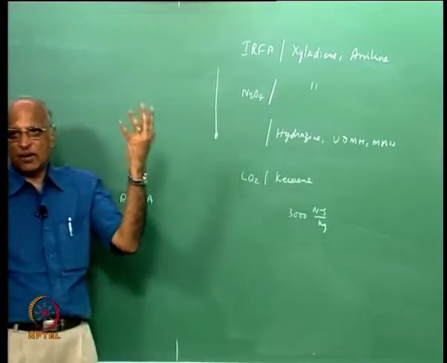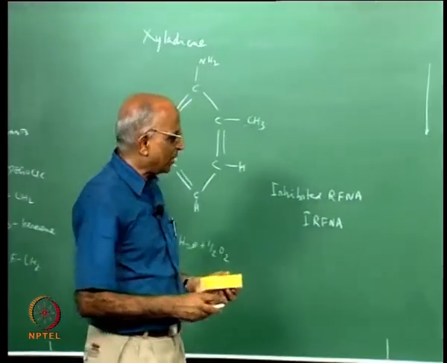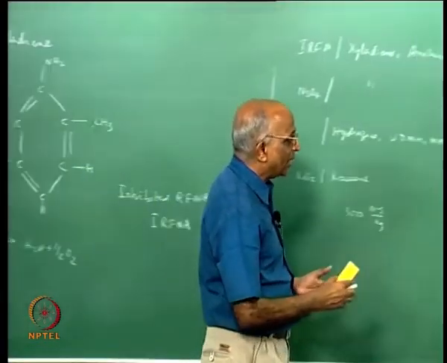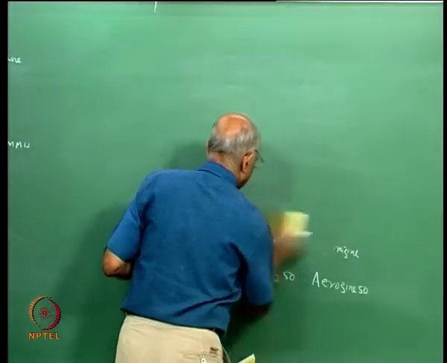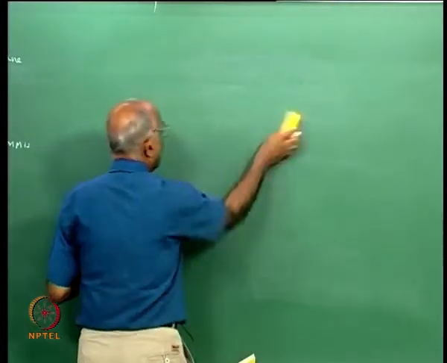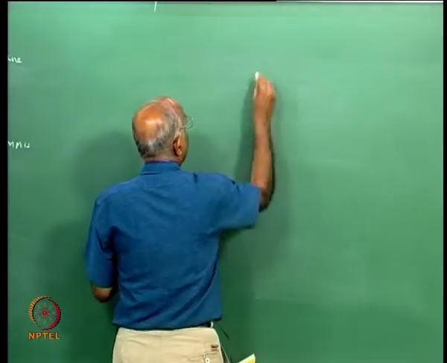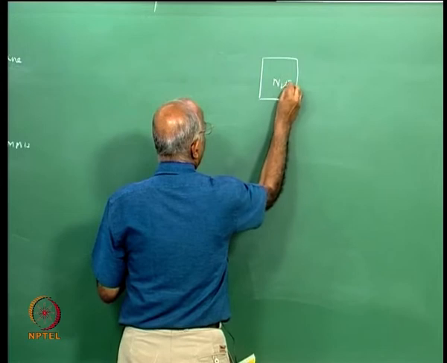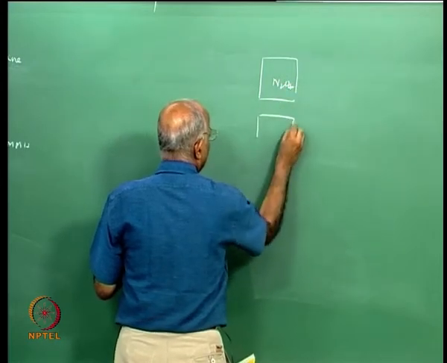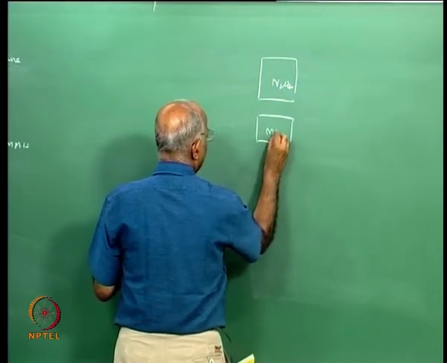Supposing I have a spacecraft, in the spacecraft you just carry a tank, let us say an N2O4 tank, and that is what is done in our INSAT spacecrafts. You have a tank which carries N2O4, and another tank which carries, let us say, monomethylhydrazine.